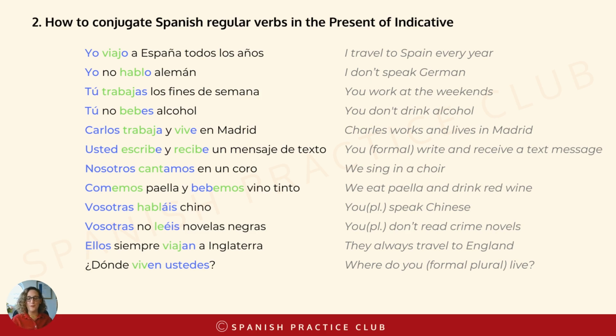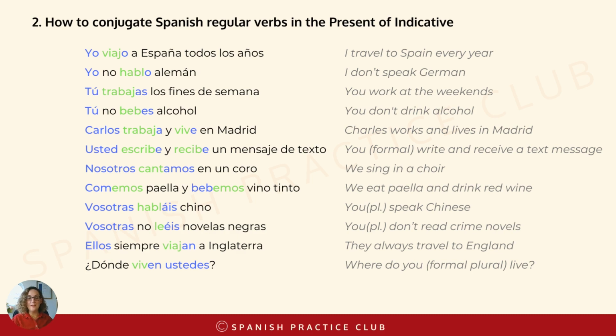Remember how if you want to deny a verb in Spanish, a simple form to do that is to add the no before the verb. So yo no hablo alemán. You work at the weekends. Tú trabajas los fines de semana. You don't drink alcohol. Tú no bebes alcohol.